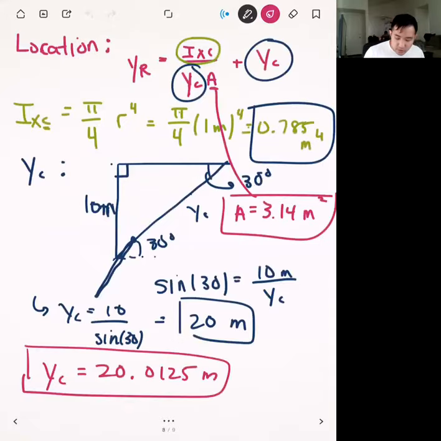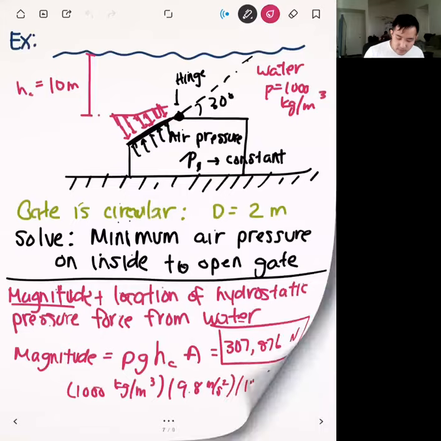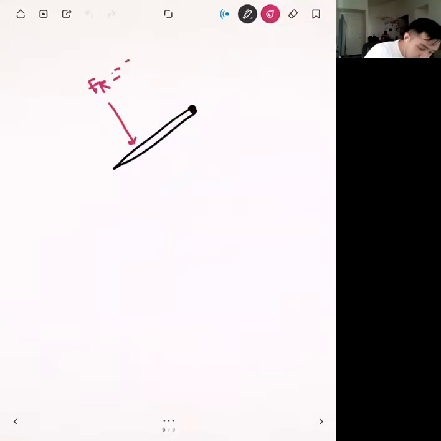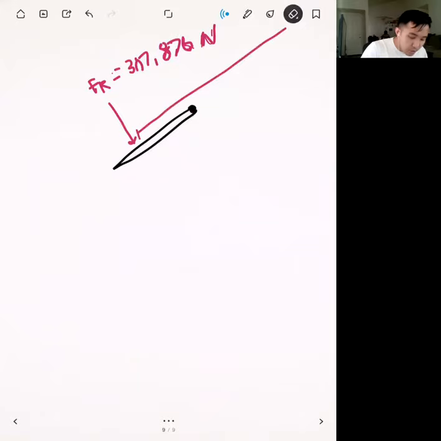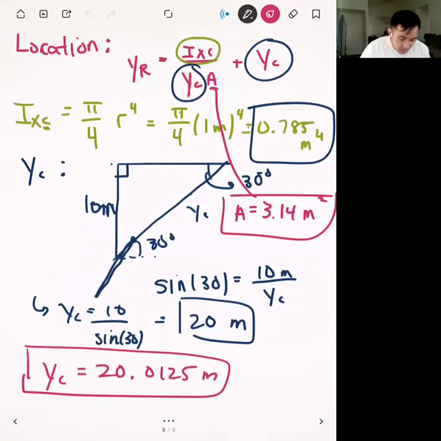So our magnitude was 307,876 Newtons. And then the location of this, all the way to the surface, was 20.125 meters.